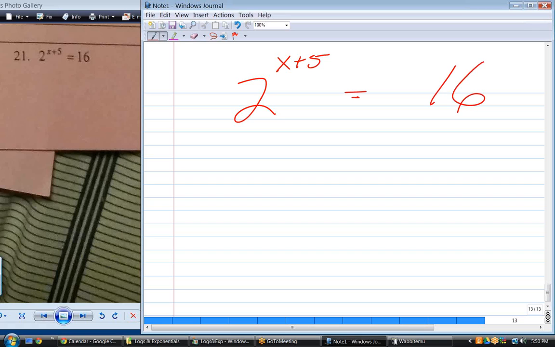First step. Take the natural log, or take the log of both sides? You know, you can take either, but when I'm solving exponential equations, I generally stick with one or the other just so I don't get confused. I love natural log, and I'll tell you why. When you get to pre-calc and calc, everything is natural log.